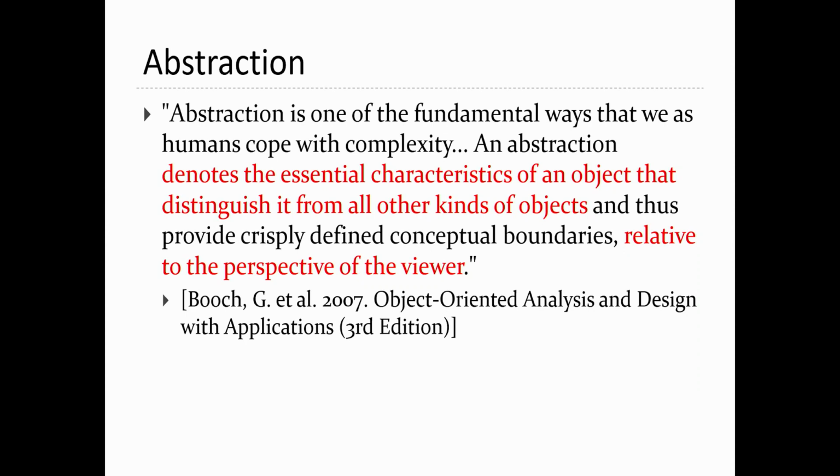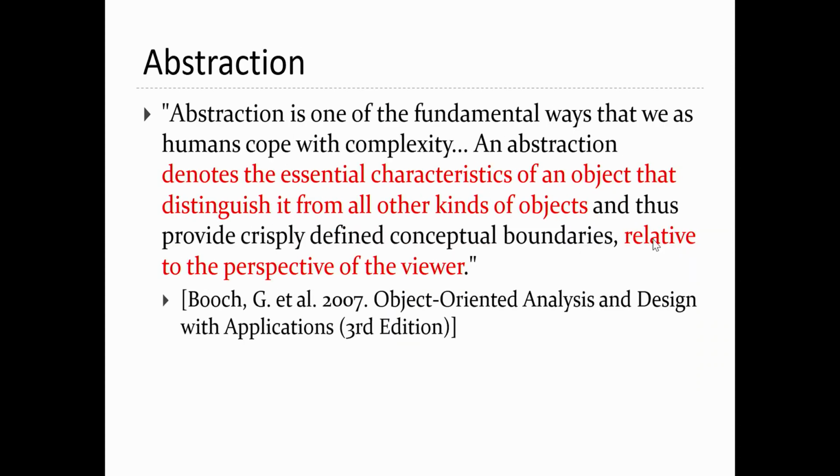In Python, that's not quite so true, since Python treats all sequences the same way. But Java doesn't. So a list is different than a string. The list lives inside of its own class, and the list provides its own abstraction. Notice this is relative to the perspective of the viewer. So the viewer is the user.